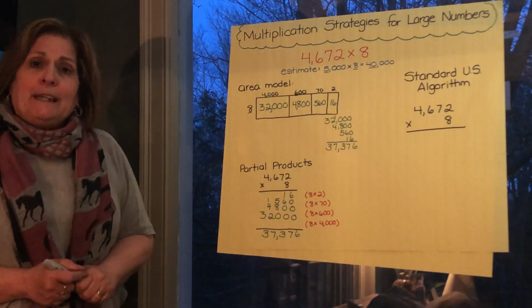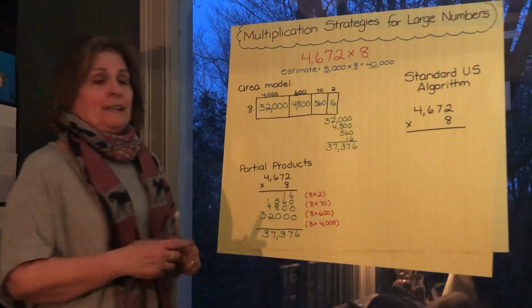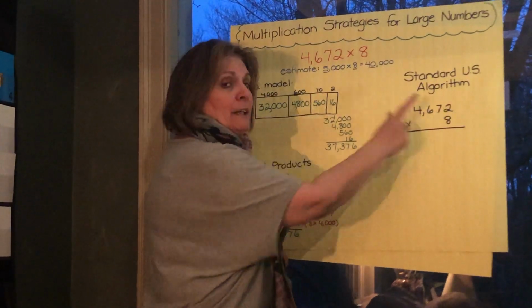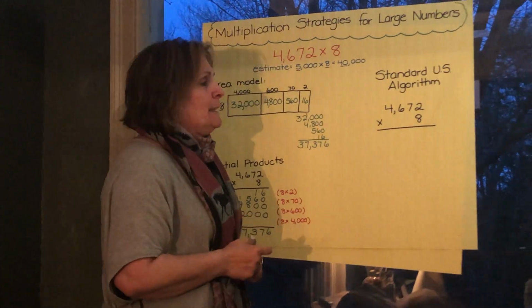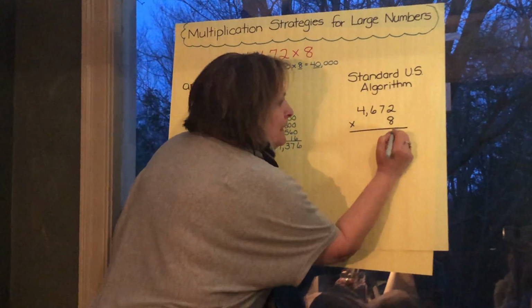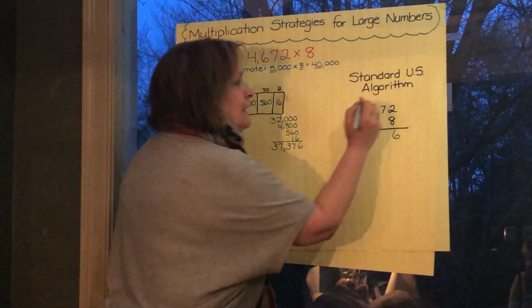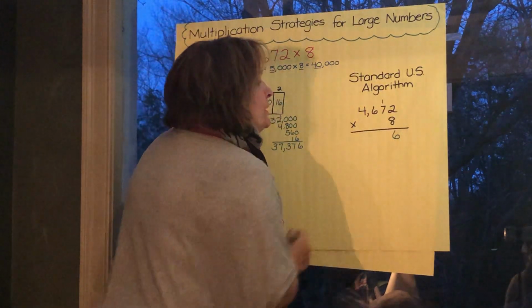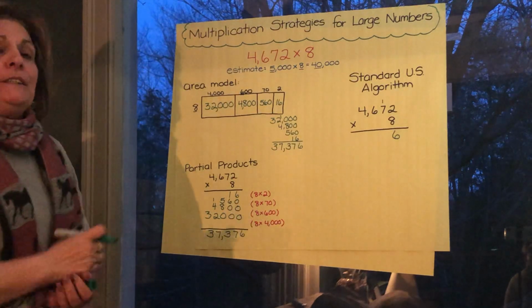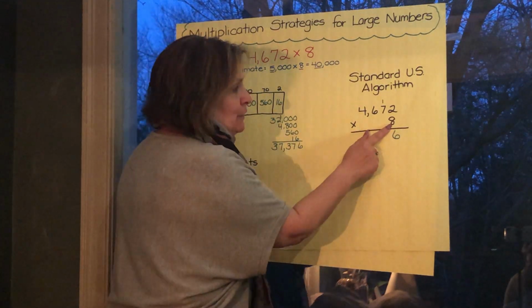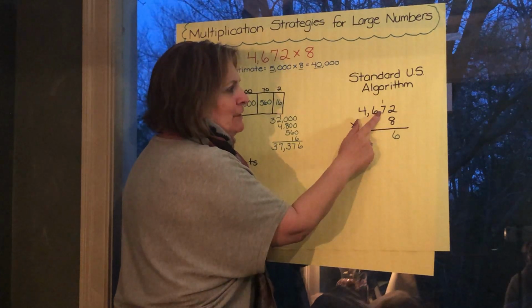Okay, so with the standard algorithm, we start the same way. We're going to say 8 times 2. 8 times 2 is 16. But now we're going to write the 6 down and carry the 10 into the tens place. Now we're going to treat this as 8 times 7.